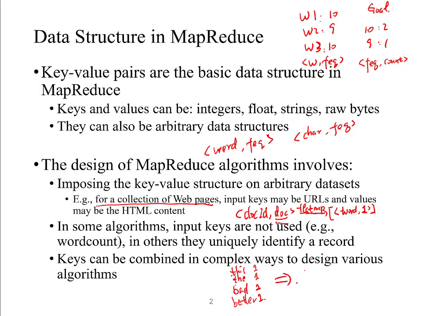So what we want to have as the final goal would be something like this, right? So in this case, keys are combined together, based on their first character. So we say they can be combined in complex ways to design various algorithms.